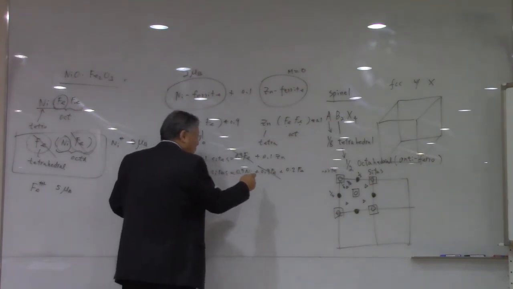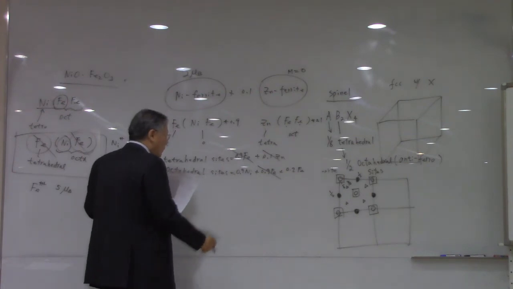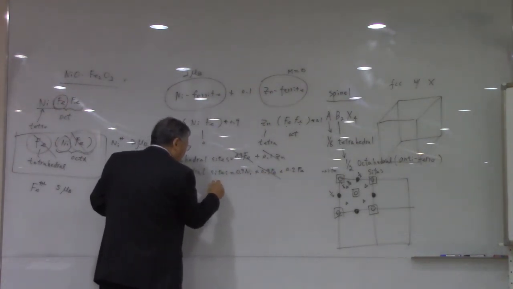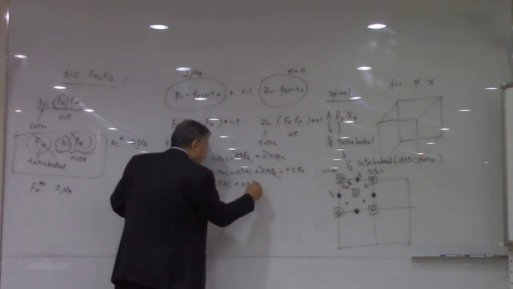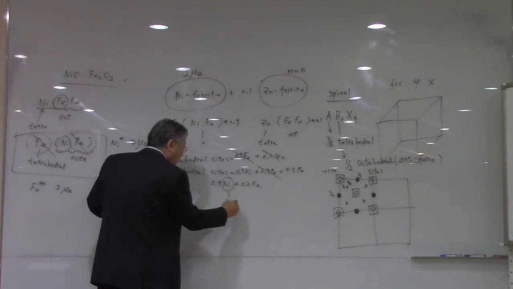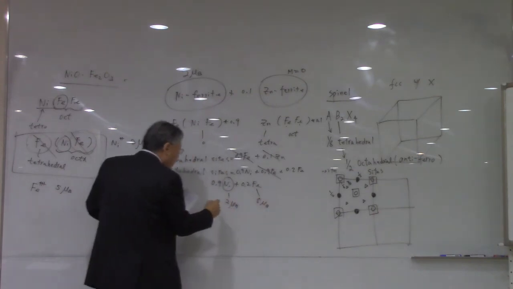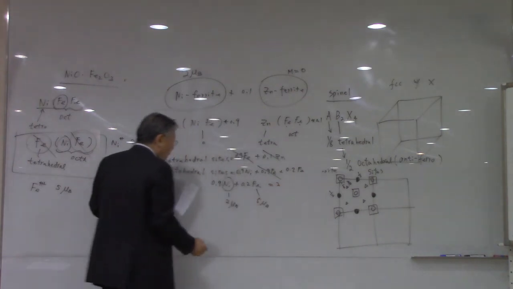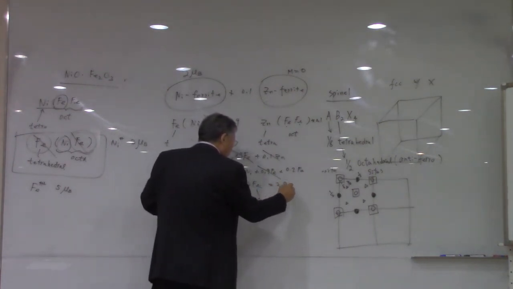And then zinc does not have any magnetic moment by itself. So in total, we have 0.9 nickel plus 0.2 Fe. Nickel has 2 Bohr magneton, and Fe has 5 Bohr magneton. So in total, we're going to have 2.8, isn't it? 2.8 Bohr magneton.